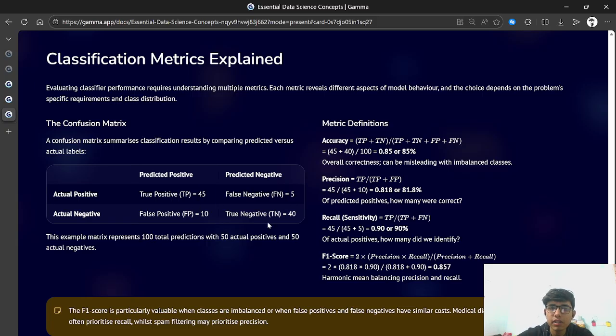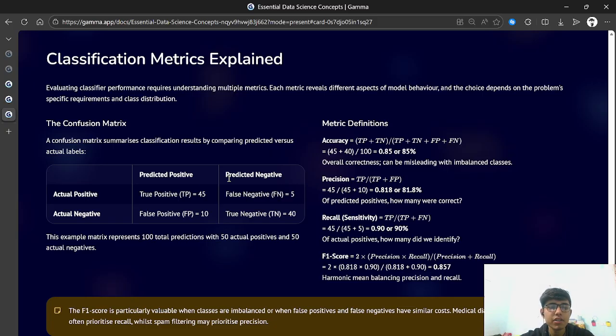That is, true positive plus true negative divided by the summation of true positive, false negative, false positive, and true negative, so all the predictions made form the denominator. Here for our example, the accuracy is 85%. So overall correctness is around 85%.